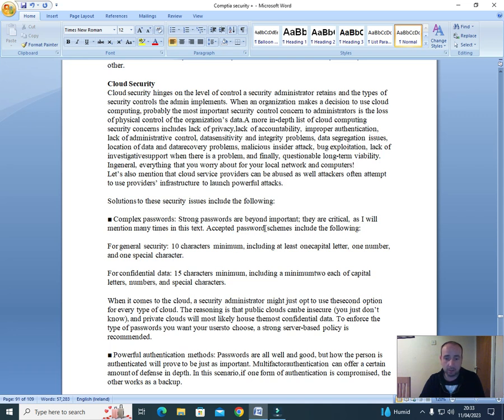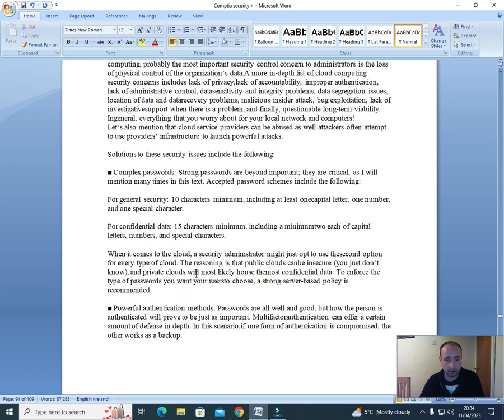Strong passwords are beyond important, they are critical, as I will mention many times in this text. Accept password schemes that include the following. For general security: 10 character minimum, including at least one capital letter, one number and one special character. For confidential data: 15 characters minimum, including a minimum of 2 each of capital letters, numbers and special characters.